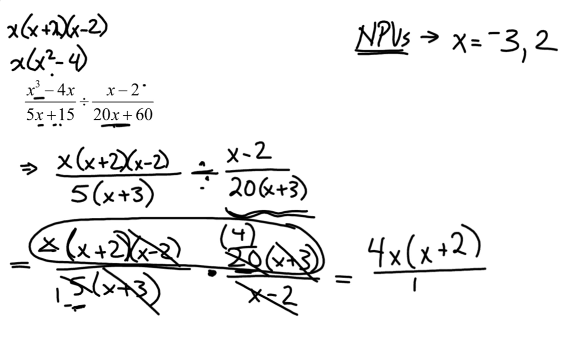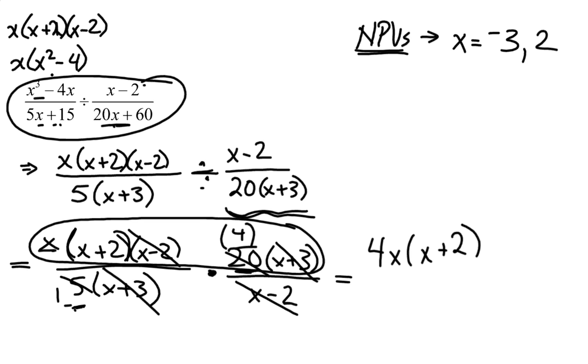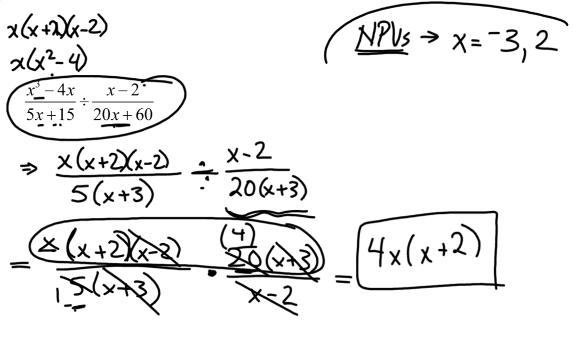It does nothing. So I don't even need the denominator of 1. So this expression, this division question, becomes this quotient as long as we don't have x equal to negative 3 or 2. So those two go together. There's multiplying and dividing.